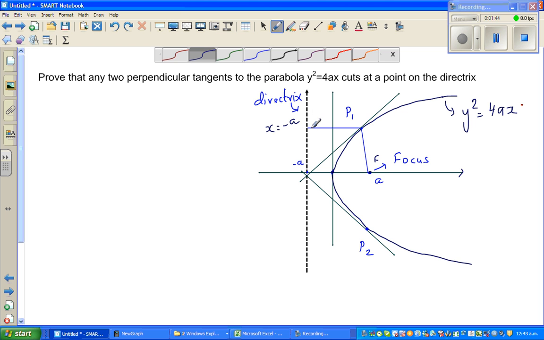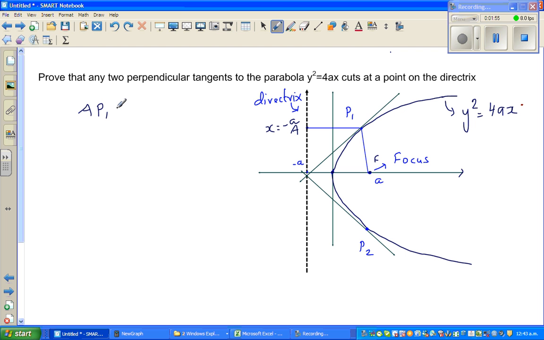Suppose this is a point A. By definition, AP1 is equal to P1F. This is the definition of a parabola, and that's why directrix is very important.